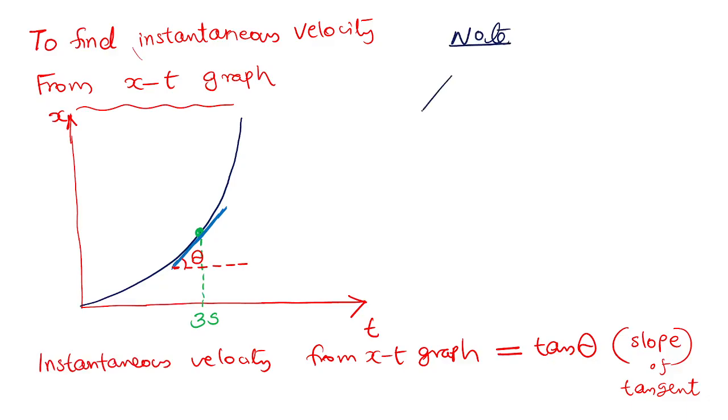If you have a tangent like this, upward tangent, where theta is an angle less than 90, then the slope, I mean tan theta, is positive.